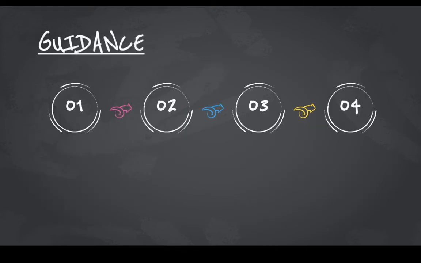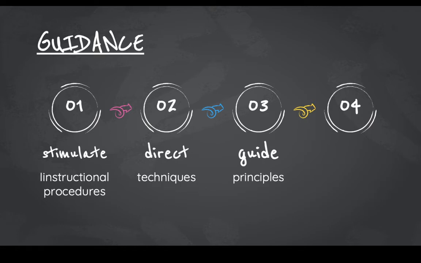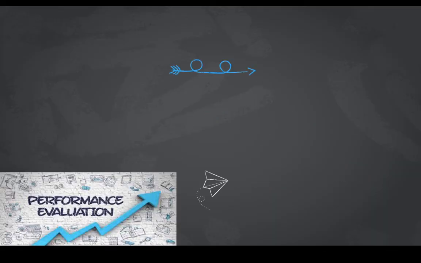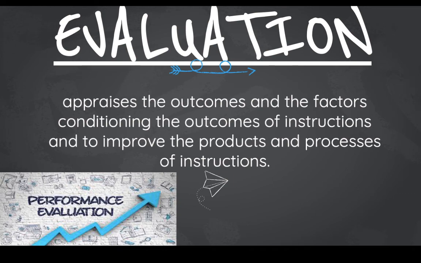This guidance involves personal help given to someone that can stimulate the instructional procedure, direct the techniques that will be given, guide principles, and encourage the devices that should be done, which can be observable in our evaluation. That is, it appraises the outcomes and the factors conditioning the outcomes of instructions and improves the products and processes of instructions.